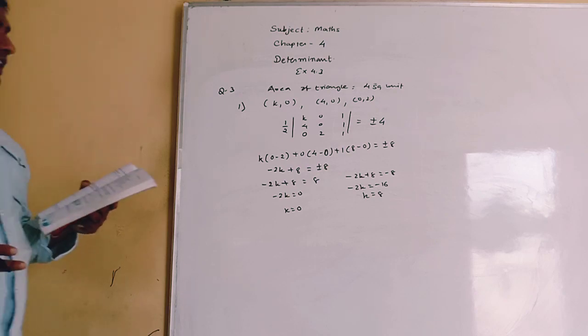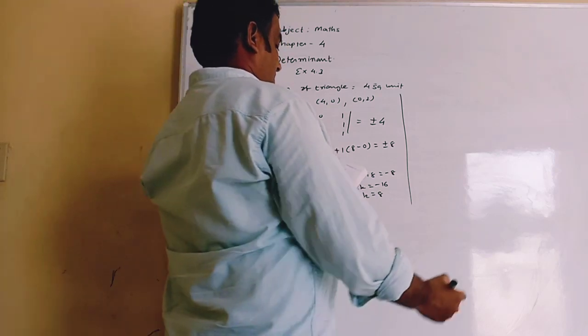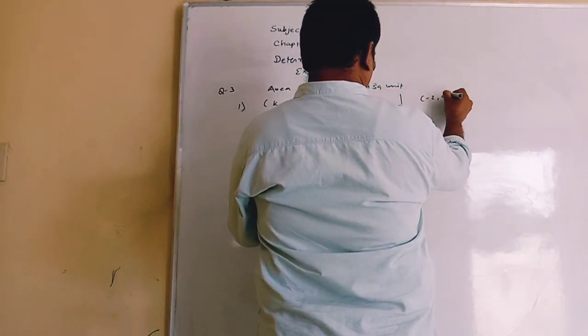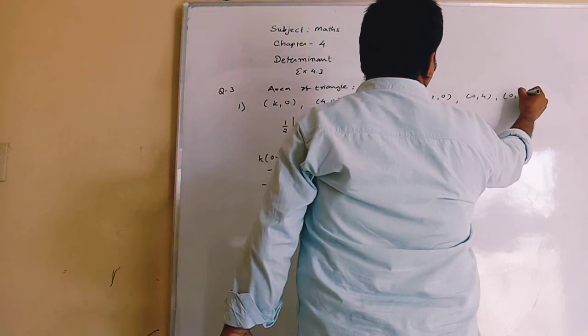We are given the second question here. Same way, (minus 2, 0), (0, 4) and (0, k).